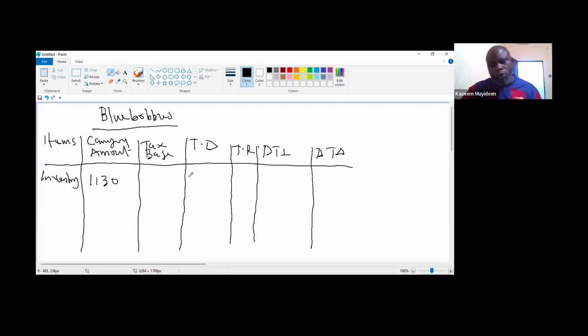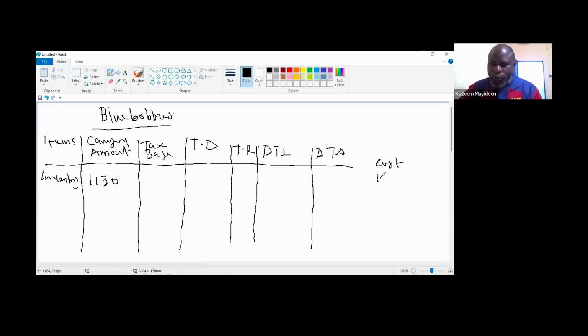Continuing, inventory is sold. Who can tell me the tax base now? Let's do it together. Who can tell me the tax base? Don't forget, look at it here. The cost, we don't know yet.